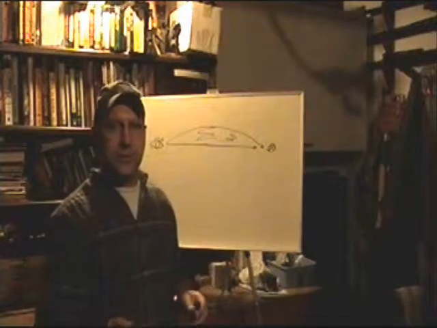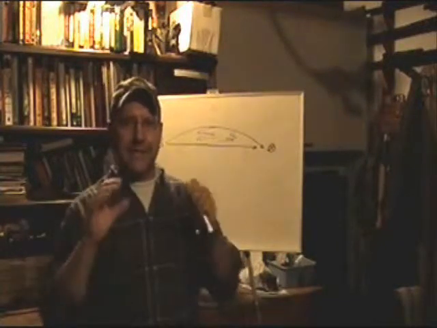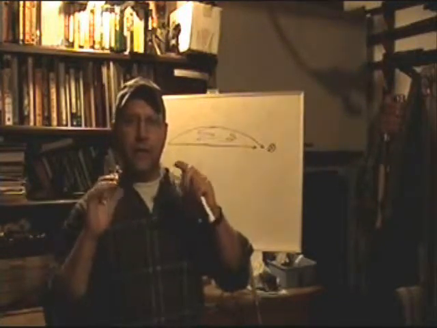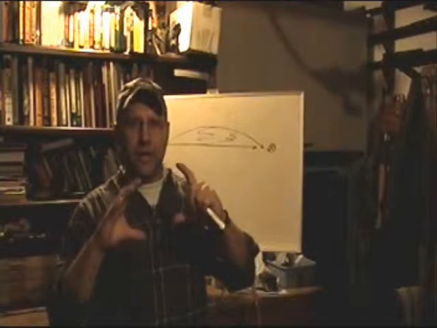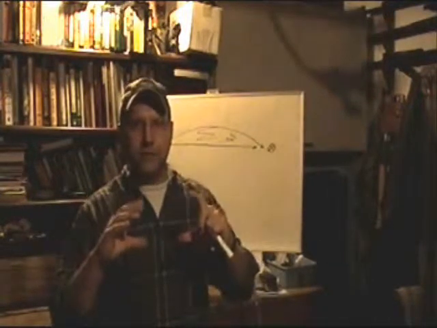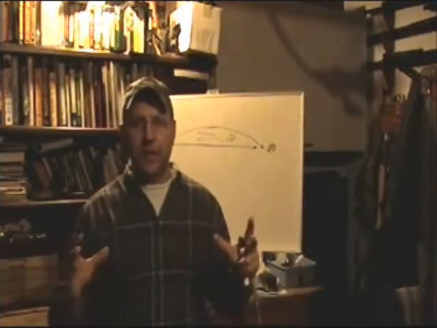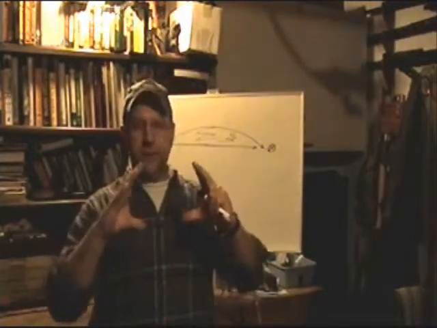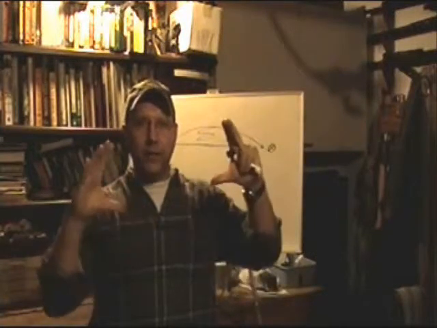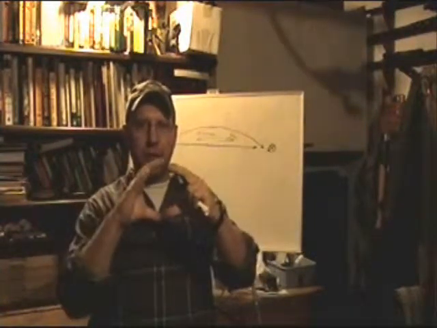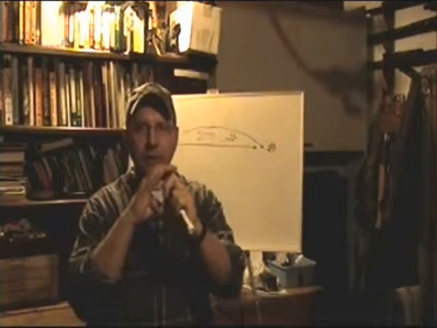The second thing that you need to take into consideration is the size of the vitals of the game you're trying to harvest. Well, it's all different sizes. A deer's vitals may be this big, an elk could be a little bit bigger, a coyote would be smaller, a squirrel would be really small.